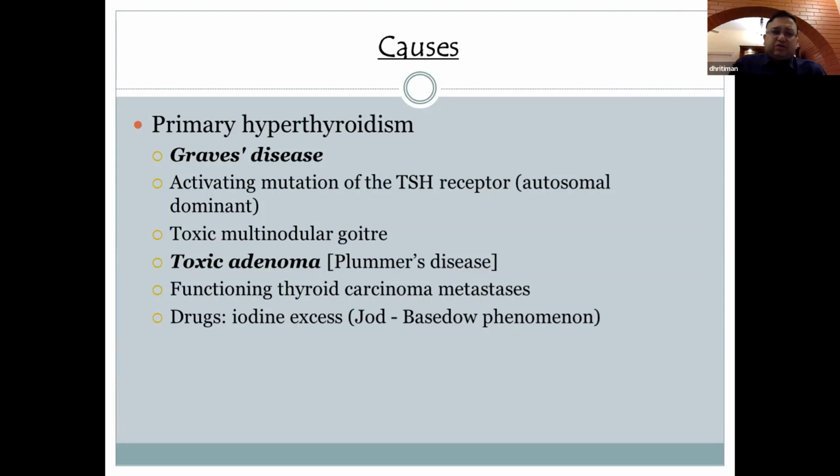With respect to this, you have mentioned the Jod-Basedow phenomenon, where iodine excess causes hyperthyroidism. That is in a patient who is iodine deficient when you give iodine. But in a patient who is already iodine rich, if you give excess iodine, that will cause the Wolff-Chaikoff effect, or rather cause thyroid suppression.